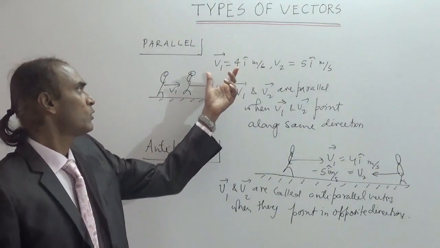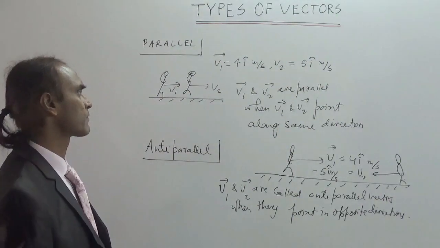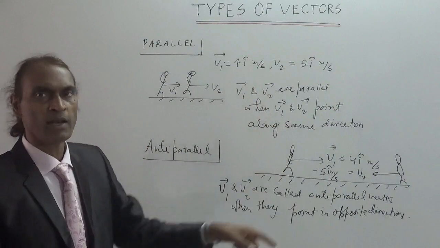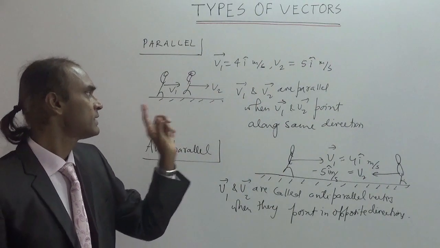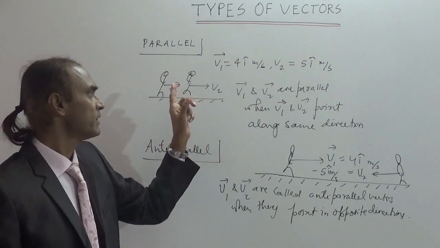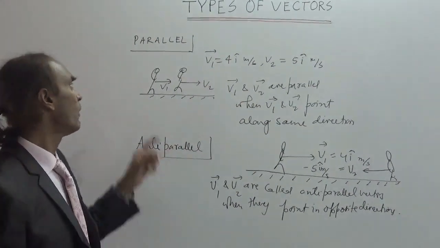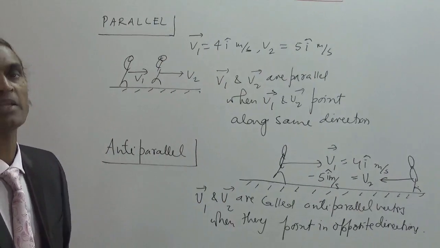Suppose v1 and v2 are parallel, because they have the same direction. If they also have the same magnitude, we can call these two vectors exactly equal.